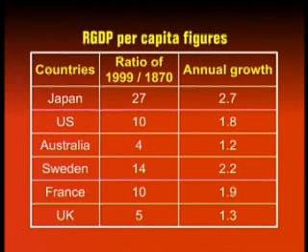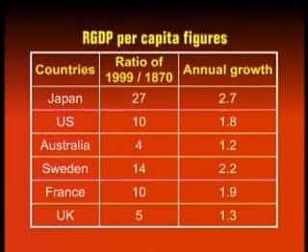And the equivalent impact on the level of per capita real GDP, that is the ratio of the 1999 level to the 1870 level, gives us a 27 times increase in per capita real GDP for Japan, 10 times for US, 4 times for Australia, 14 times for Sweden, 10 times for France, 5 times for UK.